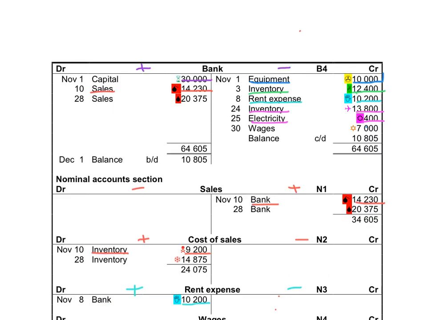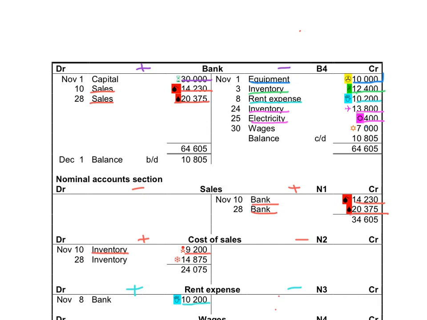Bank account is debited because the money in the bank increased, and the sales account will be credited because the money in income increased as a result of the money that we received from this cash sales. Then we also have to complete a double entry for the cost of sales.